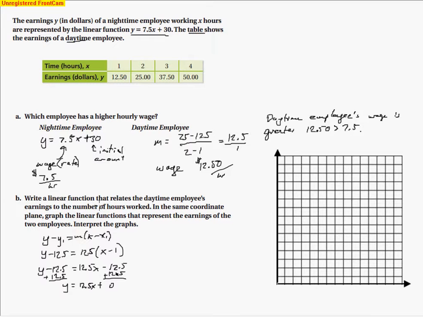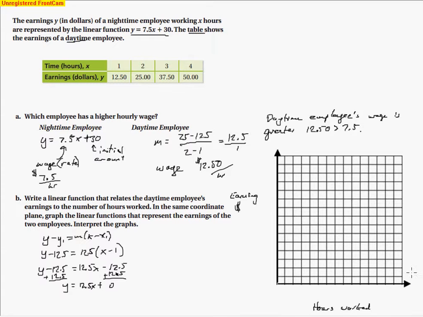And so what we want to do is, in the same coordinate plane, graph the linear function that represents the two employees. So let's go ahead and call the x-axis hours worked, and we'll call the y-axis earnings. Let's go with the values here.